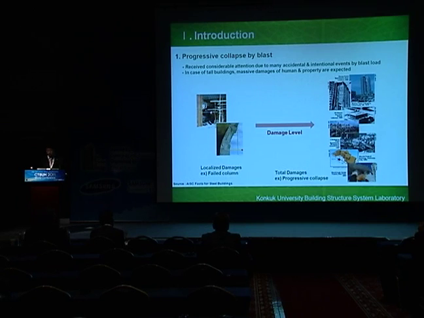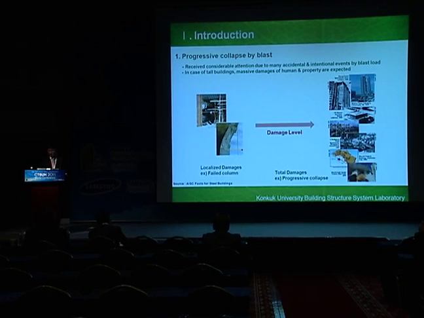Examples of progressive collapse are the Ronan Point apartment that occurred in 1968, and other examples are the Murrah Federal Building and the World Trade Center.